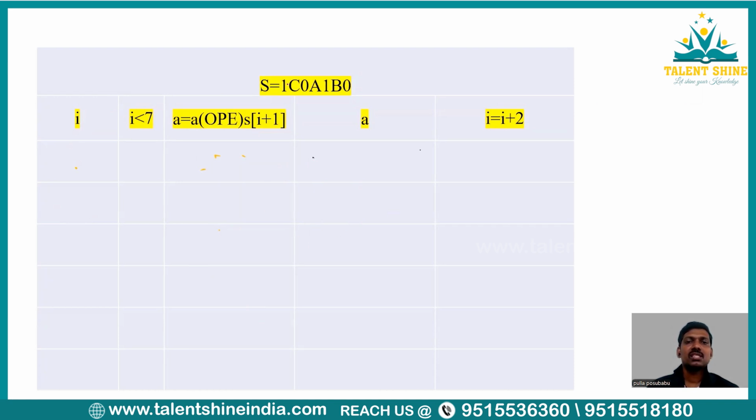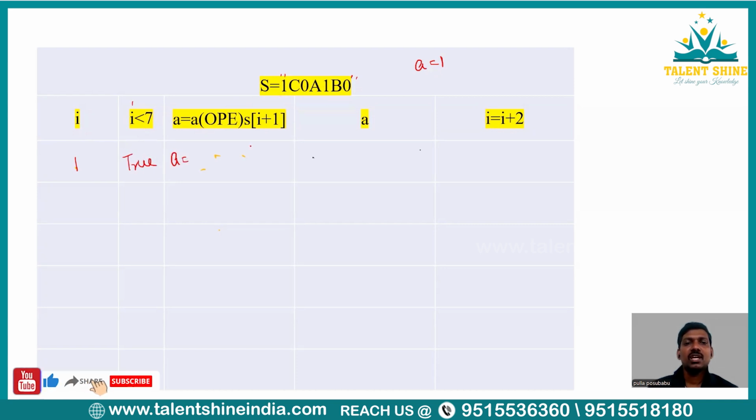So S equal to, I have taken this particular string. Initially I have taken A equal to 1, and I equal to 1 also. Since the length of the string is 7, the condition is true. So 1 less than 7, condition is true. So when condition is true, I'm going to apply the operation over here.